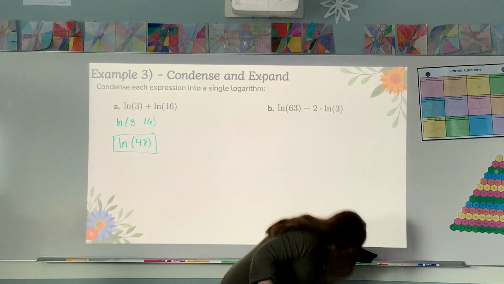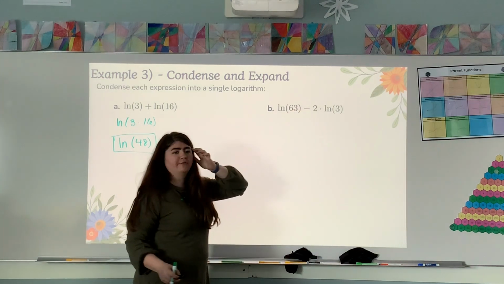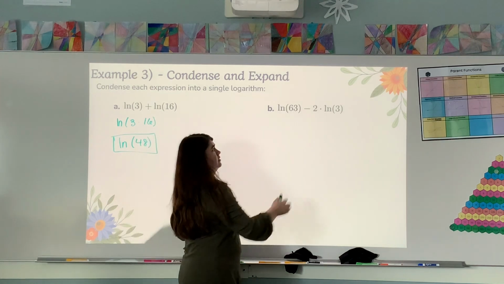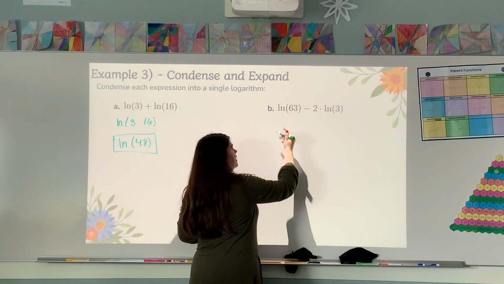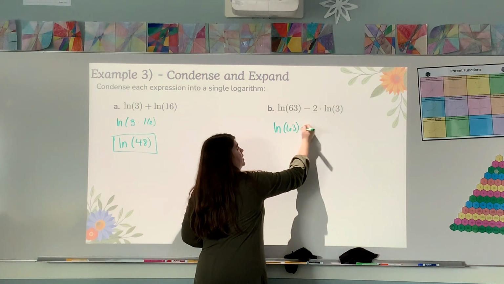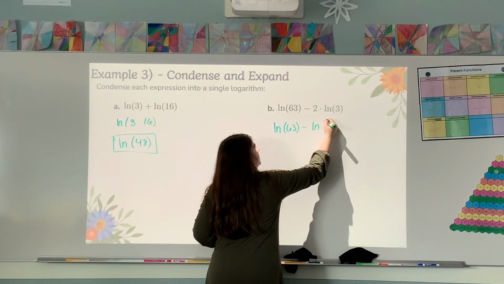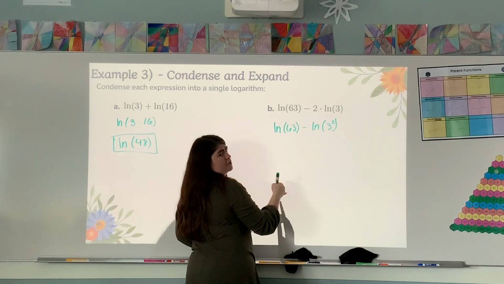Now we're going to do B. We have subtraction, but what do we have to take care of first? This multiplication here. What does this do for us? It becomes an exponent. So we have the natural log of 63 minus the natural log of 3 to the power of 2, which is 9.